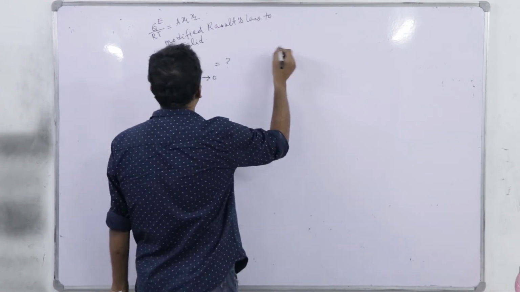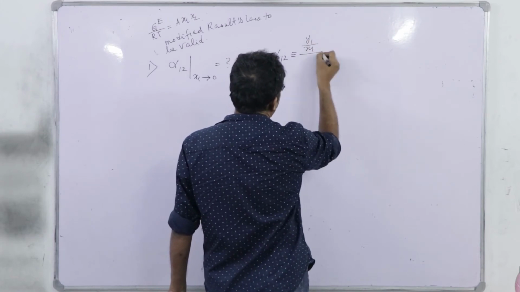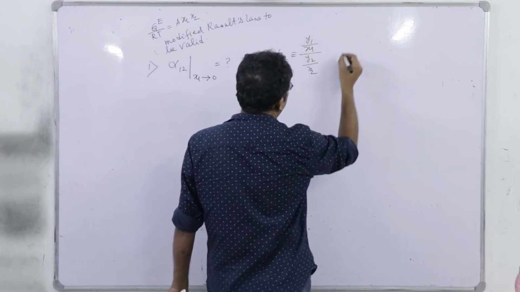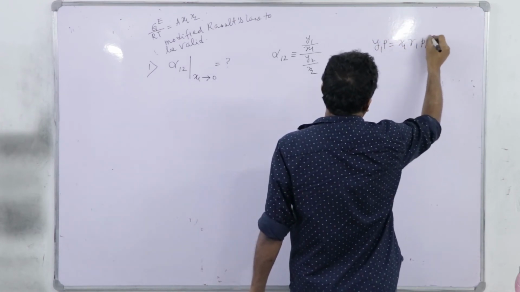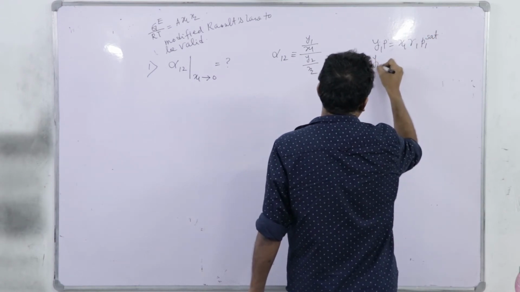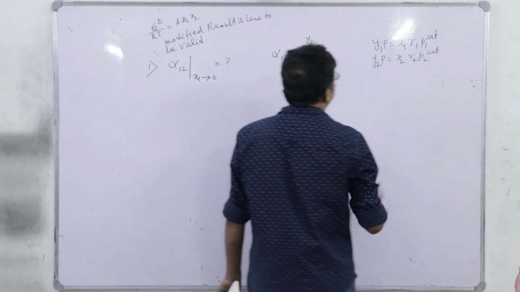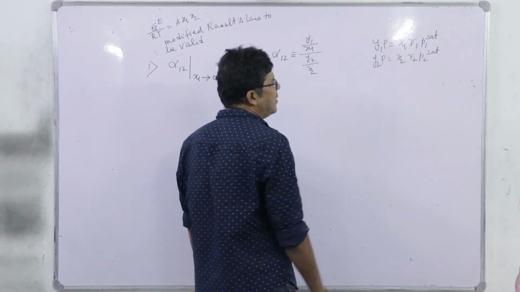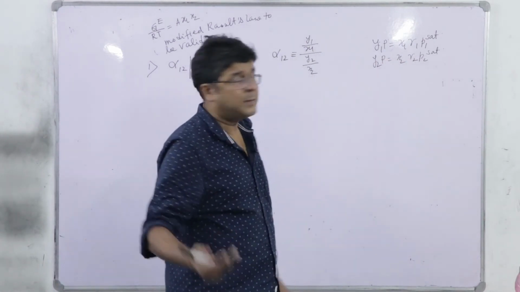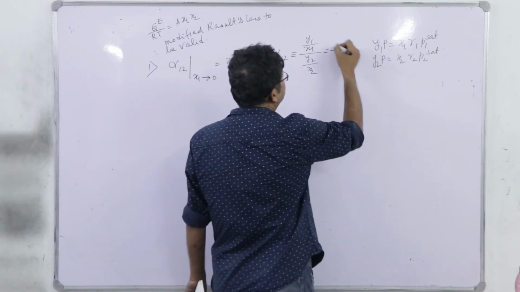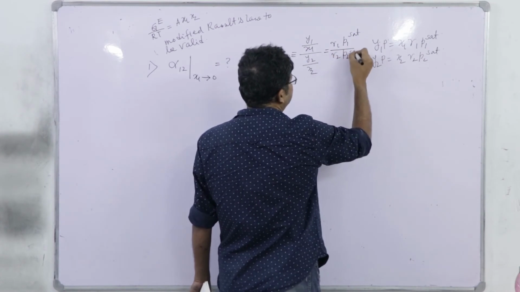So you see, in general, how is alpha 1 2 defined? y1 by x1 divided by y2 by x2. Now y1 into P is equal to x1 into gamma 1 into P1 sat, the modified Raoult's law for component 1, and the same for component 2. So y1 by x1 is equal to gamma 1 P1 sat by P, and y2 by x2 is gamma 2 P2 sat by P. So capital P cancels out and it gives you gamma 1 P1 sat divided by gamma 2 P2 sat.